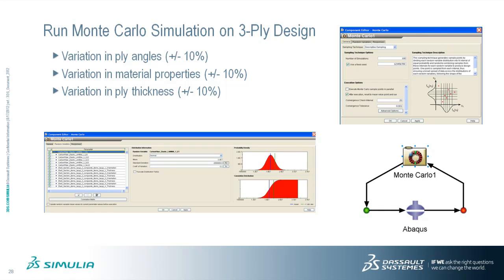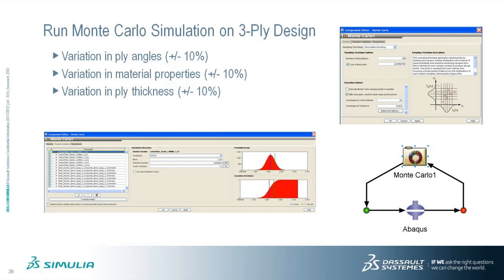So we're going to introduce a variation in the actual ply angle. Maybe we're not going to be able to lay up that ply exactly at 15 degrees. Maybe it'll be plus minus 10 degrees. When the person physically lays up that ply on the factory floor, maybe it's going to be 13 degrees or 17 degrees. There's going to be some variability in the actual angle of that ply.